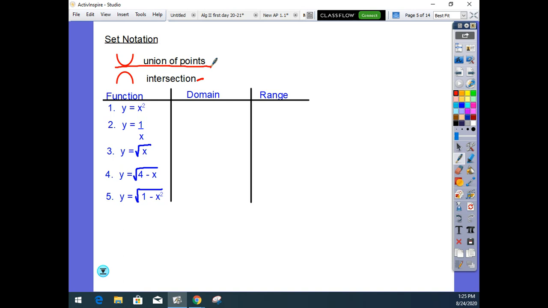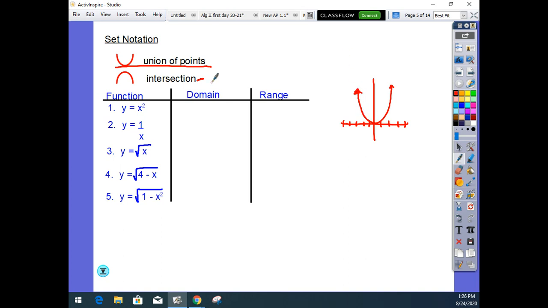All right, so I want you to think about y equals x squared, the general graph. It touches at 0, 0 and goes up forever. Now, if we were to list every single x value, that means every x value going to the left, every x value going to the right. If there's an arrow here, it goes all the way to the left.